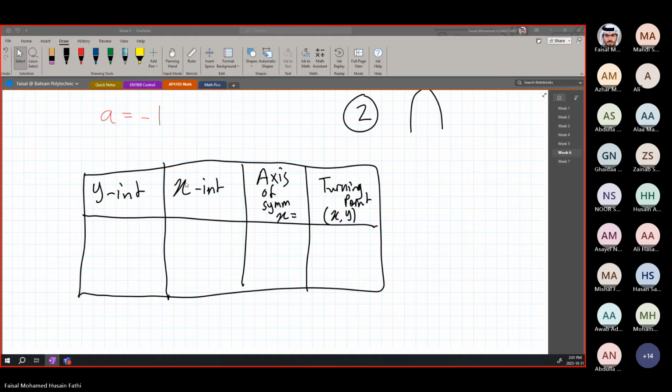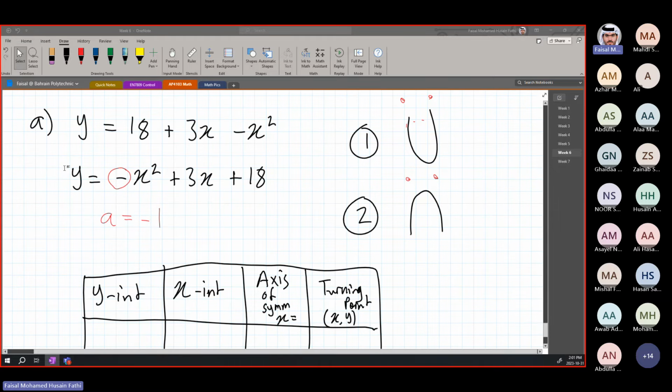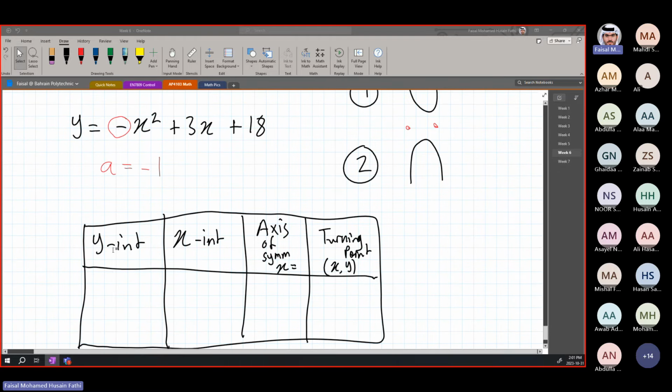Alright, same as we did before, we will do all the exact steps. To find the y-intercept, x equals 0. For the x-intercept, y equals 0, and it will be a quadratic equation we have to solve.